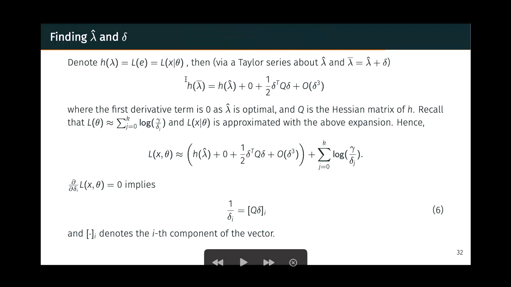Now, this is where the next use of optimum comes in. I want to find the best deltas. So I want to find the deltas that optimize this expression, this L_x theta expression. Okay, there's a lot of optimizing going on here. But it's an optimization over delta, whereas the first line is assuming an optimization over lambdas.